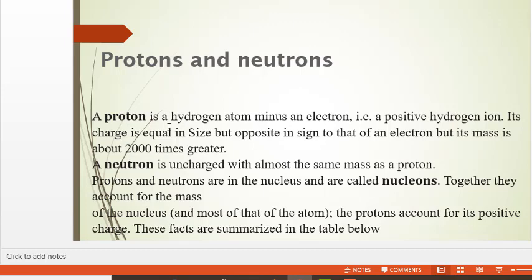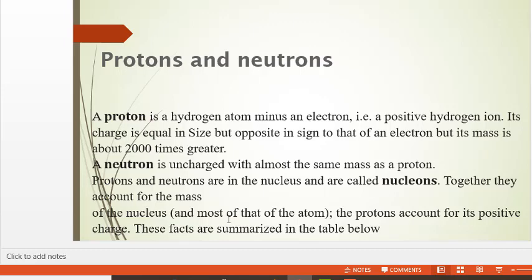And we have said that a proton in terms of mass is almost 2,000 times greater than the mass of an electron. So let us now look at a neutron. So a neutron, as the name suggests, is neutral. It is uncharged, and it is found in the nucleus of an atom.